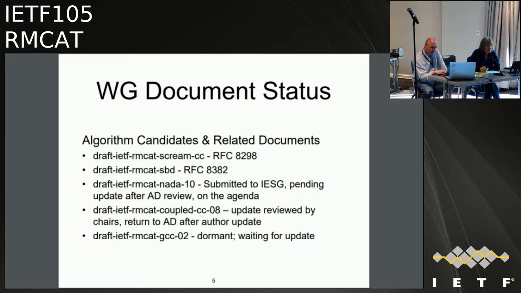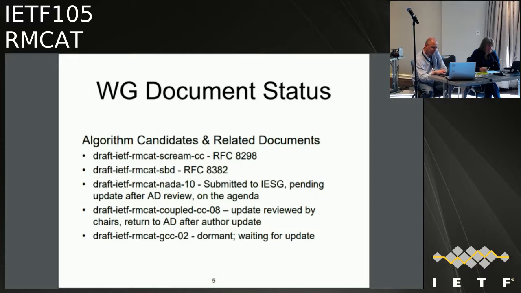Then we have the coupled congestion control draft, which was in the RFC editor's queue when we detected an optimization for using the bandwidth fully, so we took this draft back to the working group. The authors have updated it, and it was with the chairs for review in the last meeting that has been completed, and we just now need the final document from the authors before it goes back to Mirja.